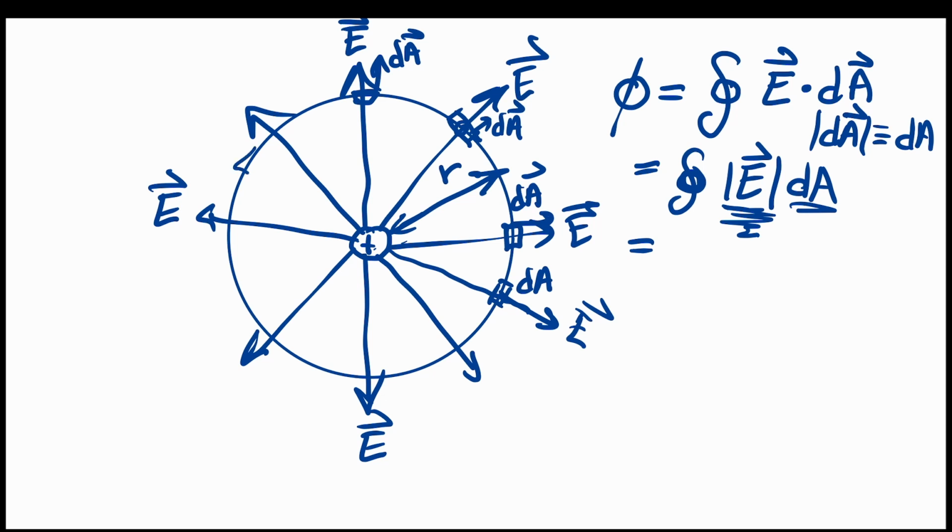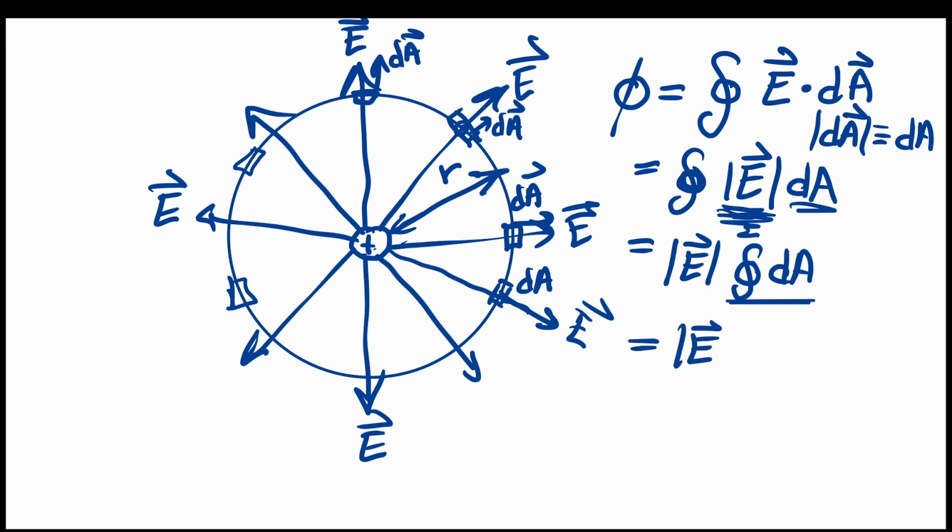Even if I'm here or here on the surface, the magnitude of the electric field is always the same. So you can take this magnitude of the electric field out of the integral, and then you just integrate over the whole surface to get the overall surface of the sphere. So I have the magnitude of the electric field times the whole surface, A.